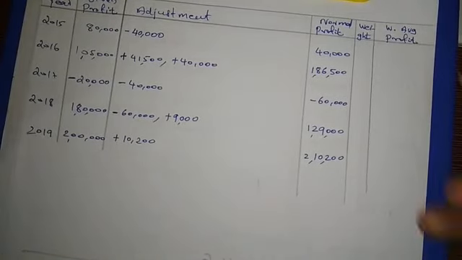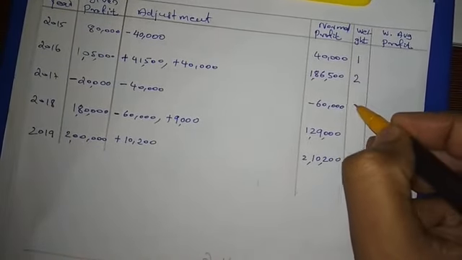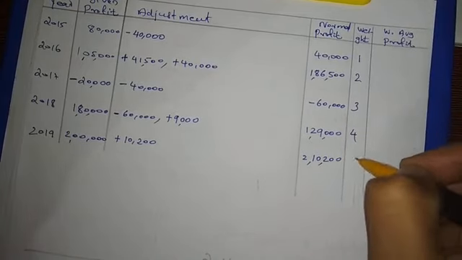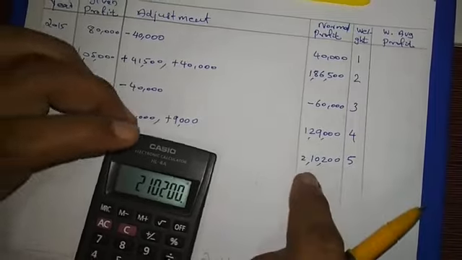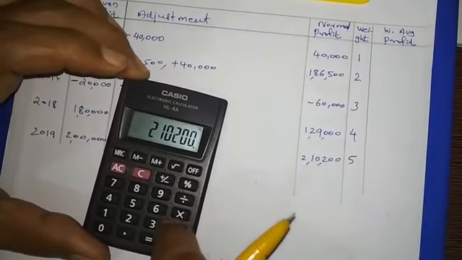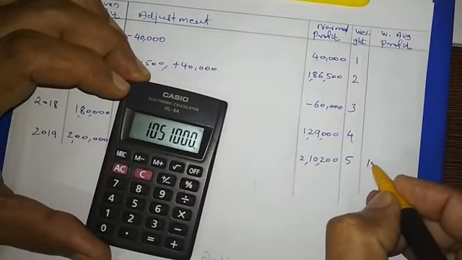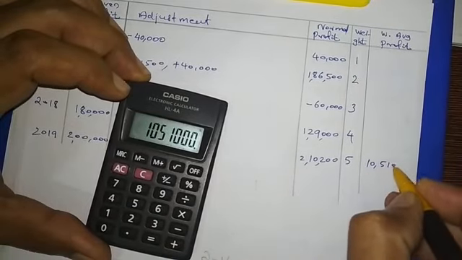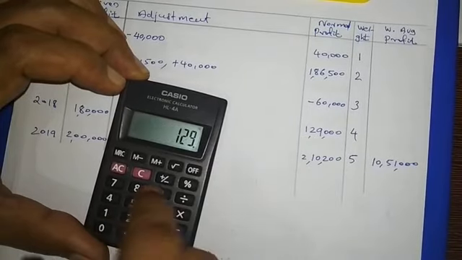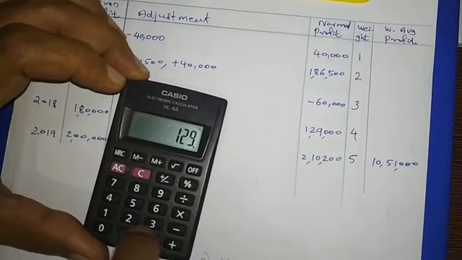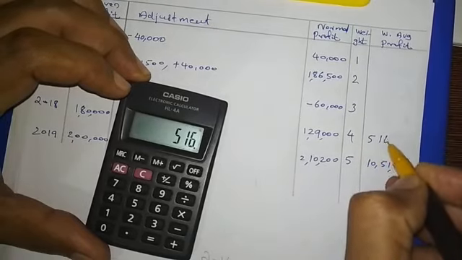Then the weights: this is the first year 1, then 2, 3, 4, 5. Then last year's 2,10,200 into 5, so we are getting 10,51,000. Then 1,29,000 into 4, 5,16,000.